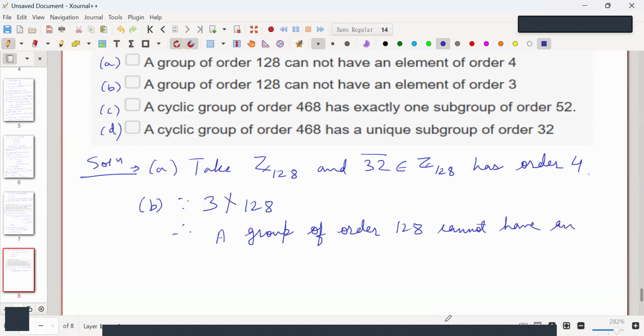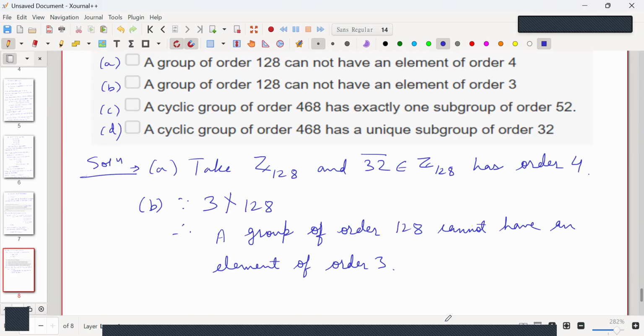What about the next part? C. A cyclic group of order 468 has exactly one subgroup of order 52. This is true. This was done in the practice problems.